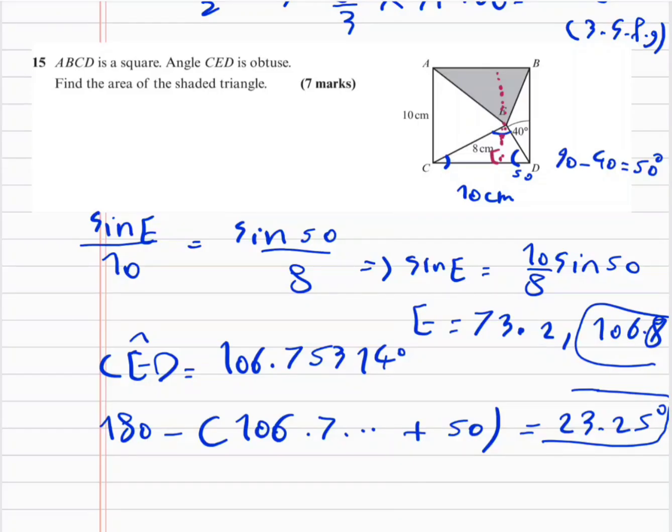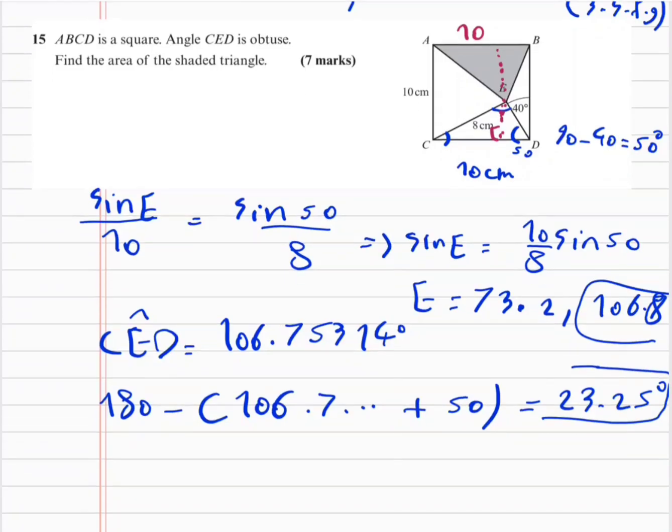By knowing that fact, we can use trigonometry to find the height of the triangle CED, because we have enough information to do that. Once we know this height, we can find the other height very simply. And if we have this height, then finding the area of the shaded triangle is very simple because we already know the base of that.